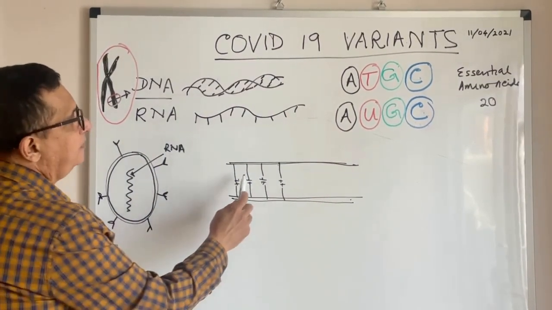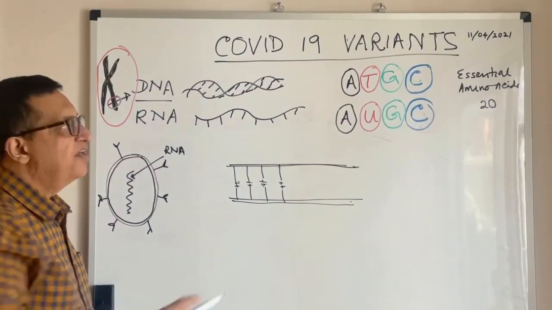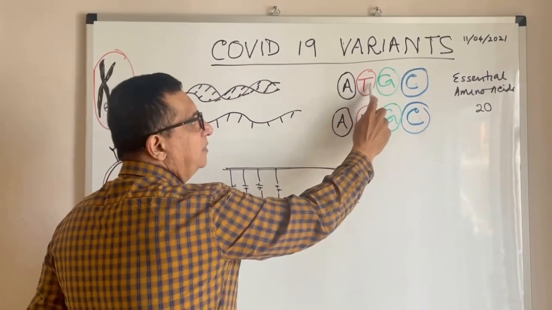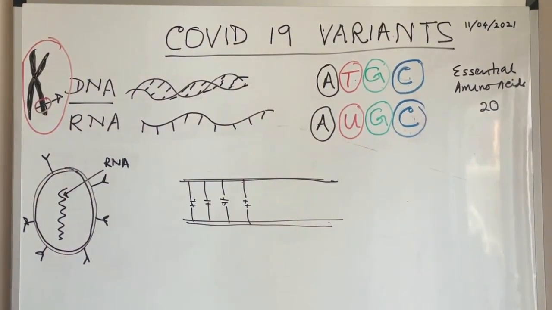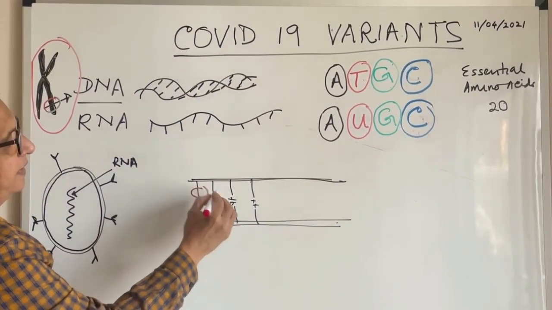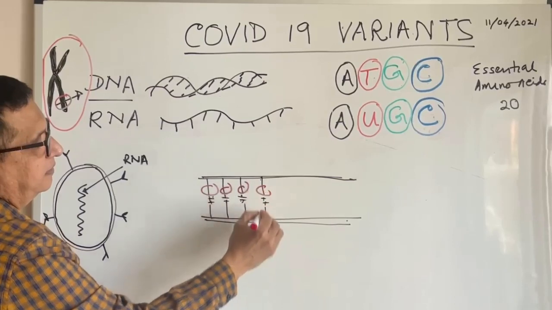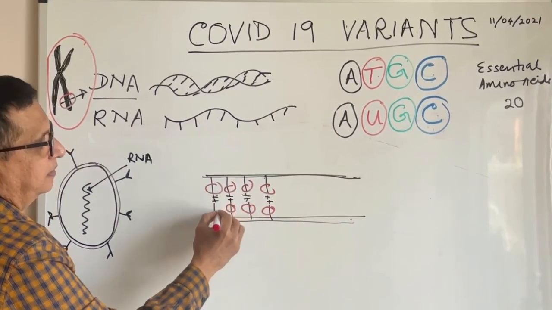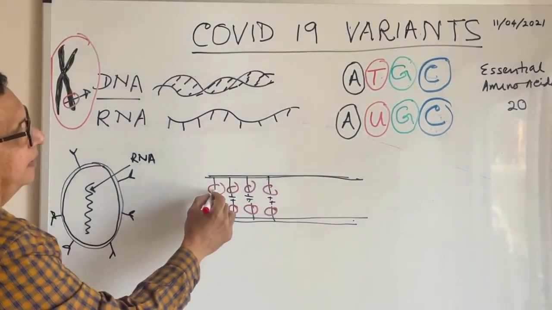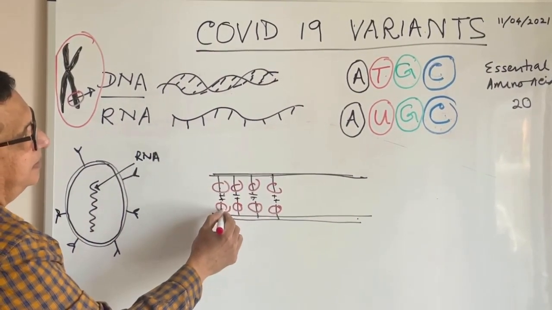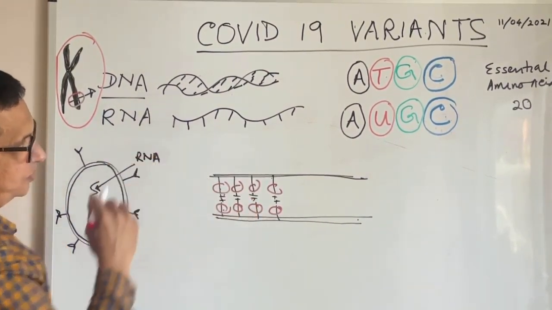Usually in a DNA, adenine, thymine, guanine and cytosine are the bases, so they join these places, and usually adenine with thymine, guanine with cytosine.